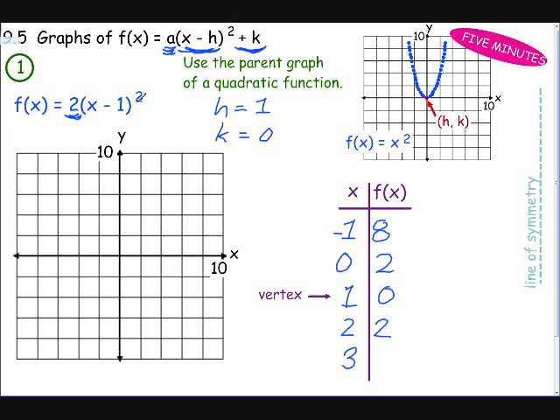I square 2. 4 times 2, 8. So you can see the symmetry here. My vertex is at 1, 0. So put it right here.